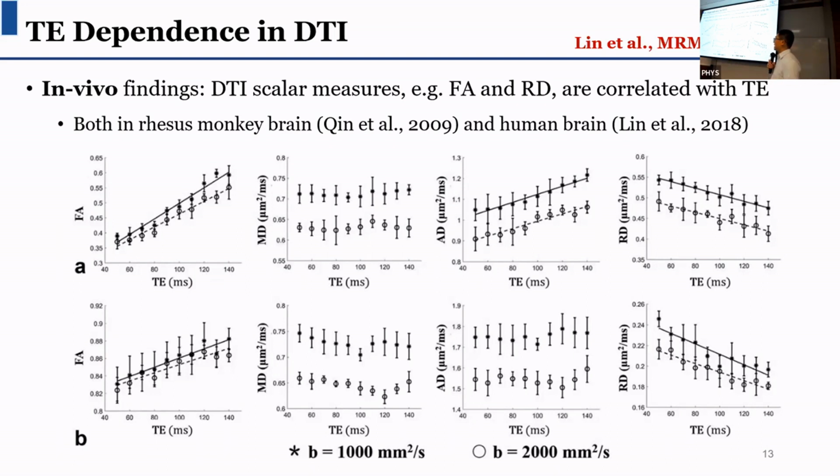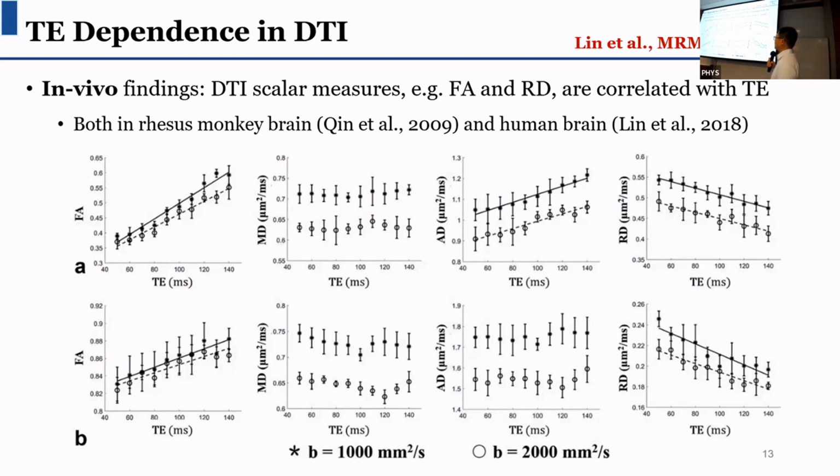this metric, this scalar measure, will rise linearly according to the TE value. That means as you increase the TE value, you will see an increase in FA. But you don't see too much change in MD value.